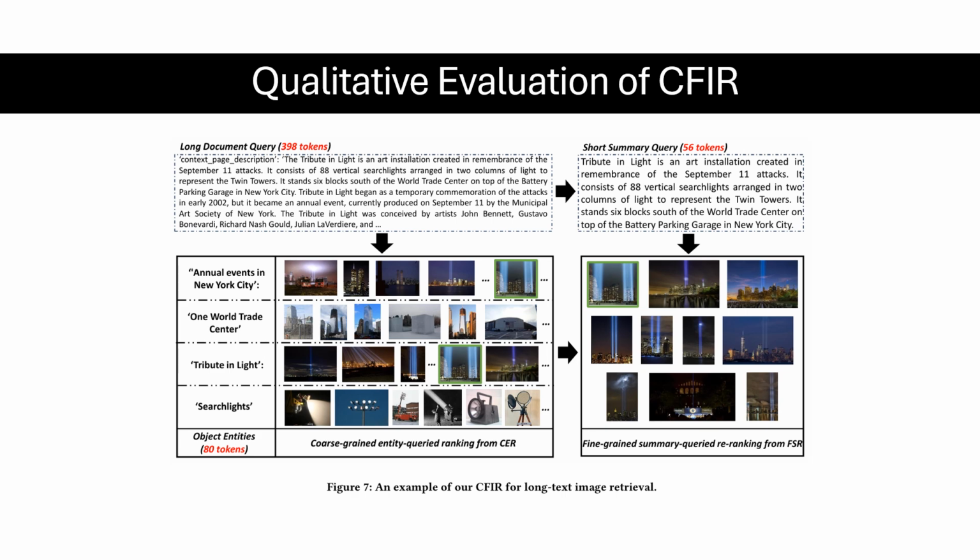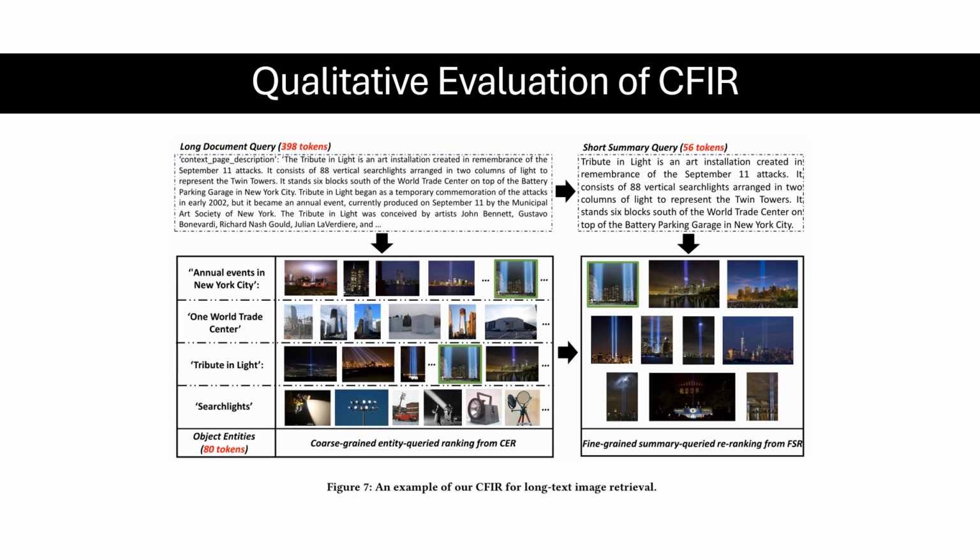From the long text, 80 entities are extracted, highlighting the essential elements that facilitate the subsequent retrieval task. Furthermore, a brief summary of 56 tokens is generated, shortening the document into a concise query.